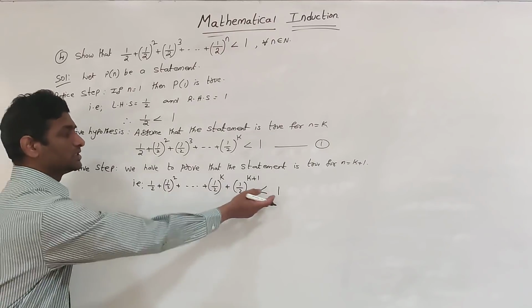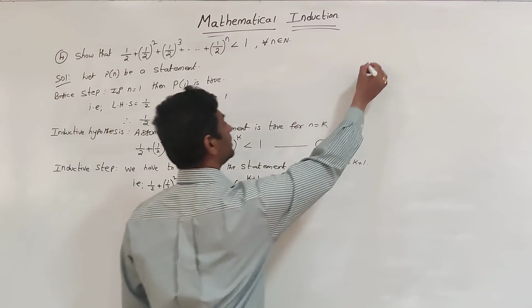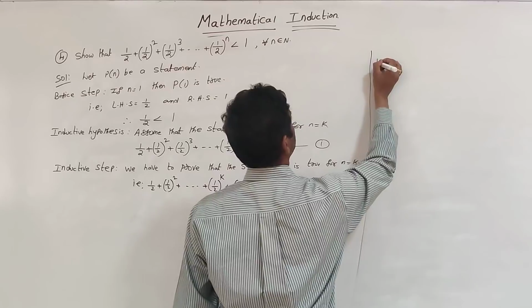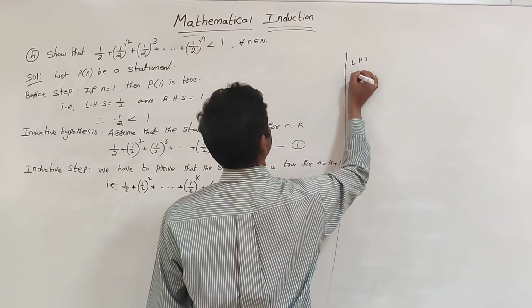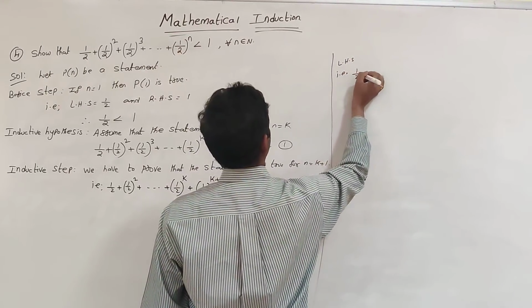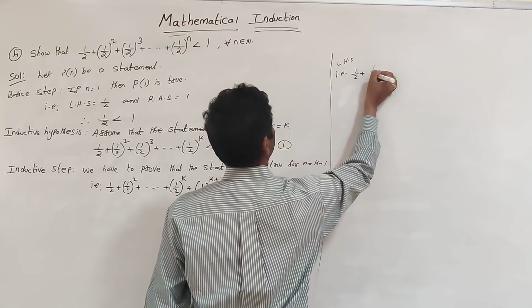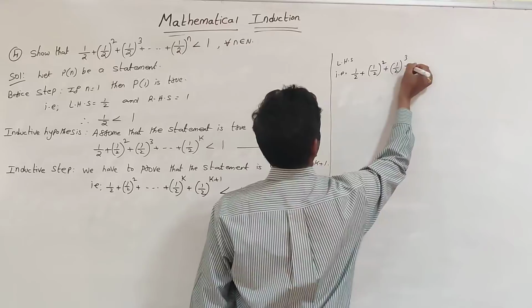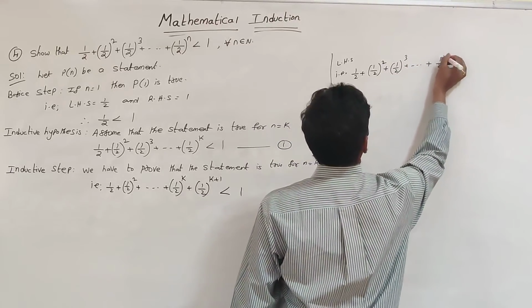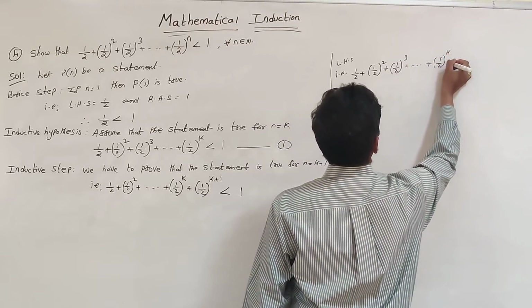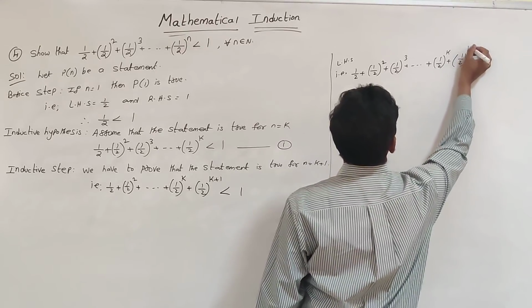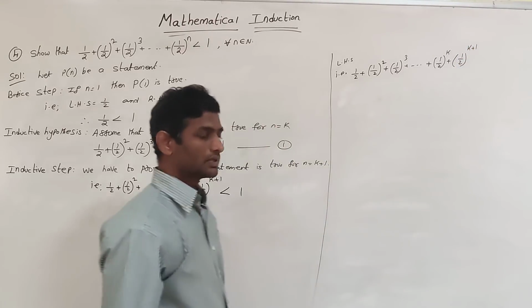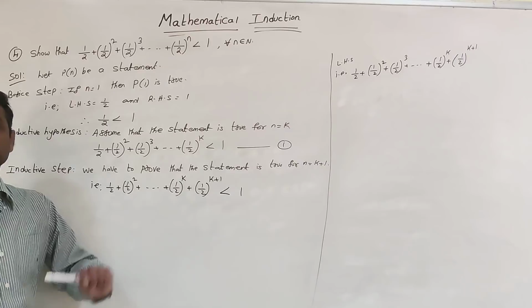In order to prove it is less than 1, let us take the LHS, that is 1 by 2 plus 1 by 2 whole square plus 1 by 2 whole cube plus so on plus 1 by 2 whole to the power of k plus 1 by 2 whole to the power of k plus 1. Now we have to show that it is less than 1.